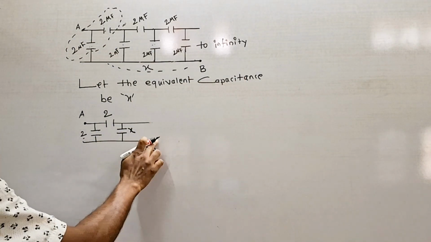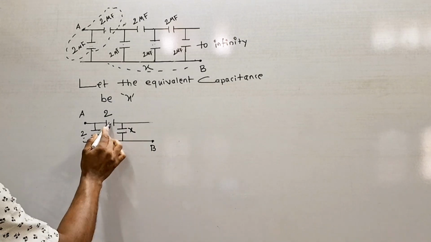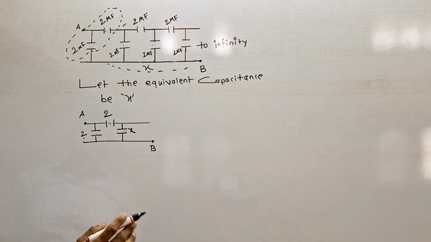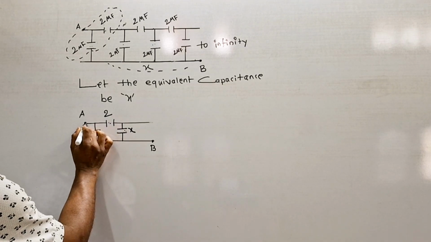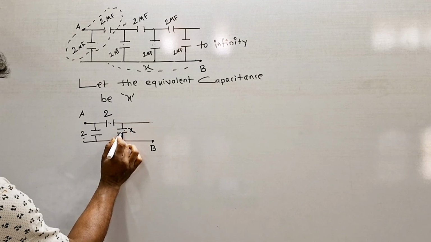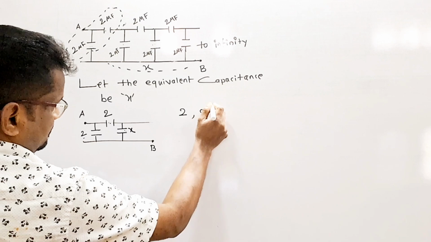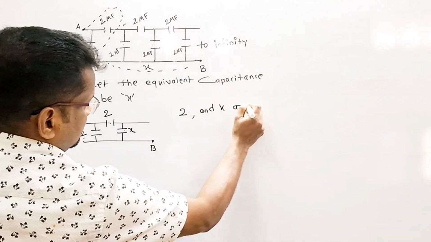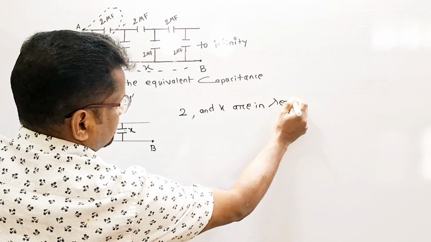Then here you see these 2 and X. These 2 capacitors are in series connection. It is clear how to decide: charge flows across this and the same charge flows through this capacitor. Then 2 and X are in series.